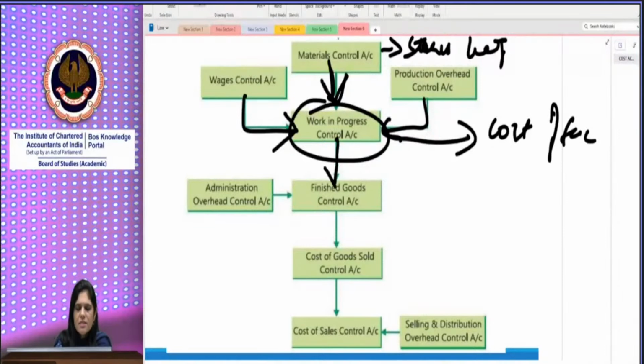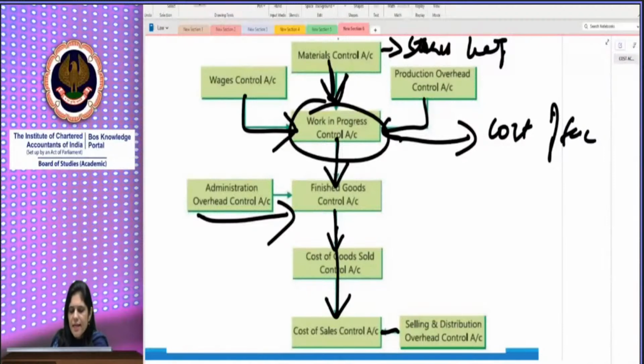Then this works cost, the finished goods will go to finished goods control account. Admin overhead will be coming to finished goods control account, as I explained you in the cost sheet format. Then it will go to cost of goods sold or directly to cost of sales. Selling and distribution comes to cost of sales. Clear? So main account is the WIP.